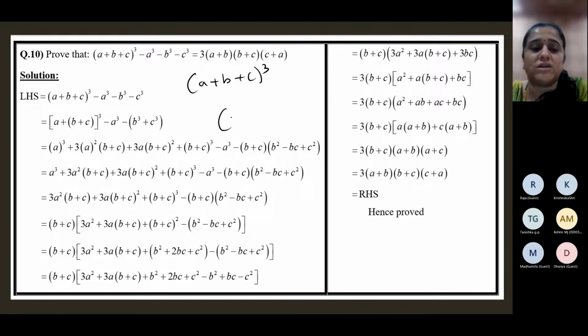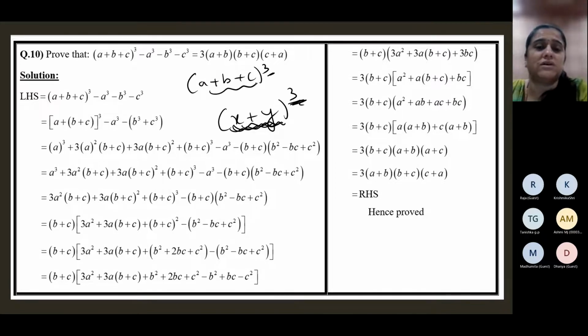We know what (x plus y) the whole cubed is: x cubed plus y cubed plus 3x square y plus 3x y square. This is a binomial, two terms, and this is the cube of a binomial.